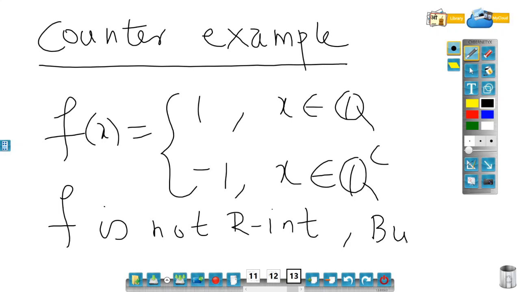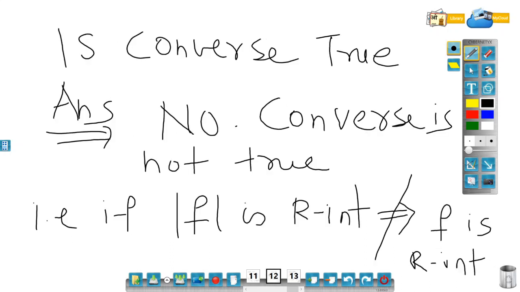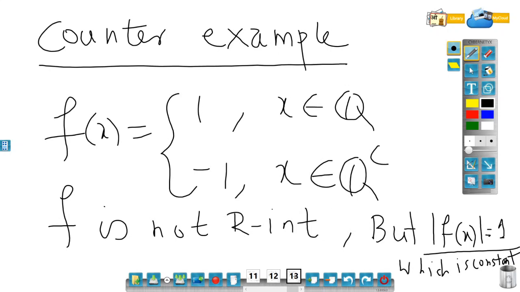But mod f of x is 1 here, which is a constant function, and we know that every constant function is R integrable. So mod f is R integrable but f is not R integrable. So you can see that mod f is R integrable does not imply f is R integrable.